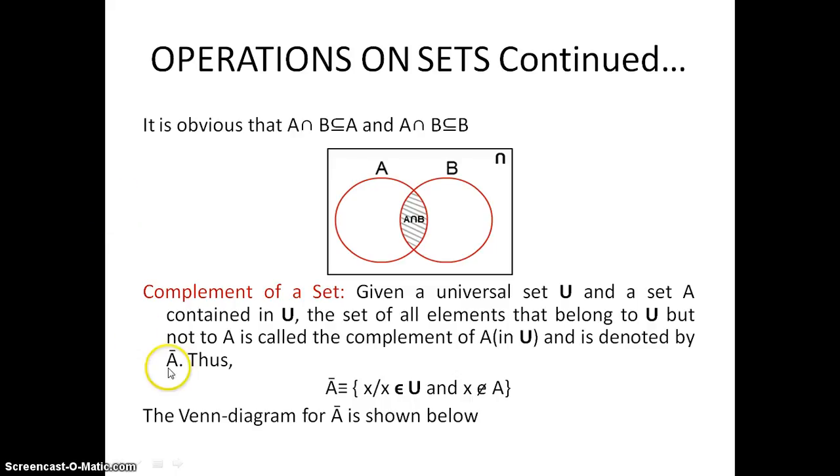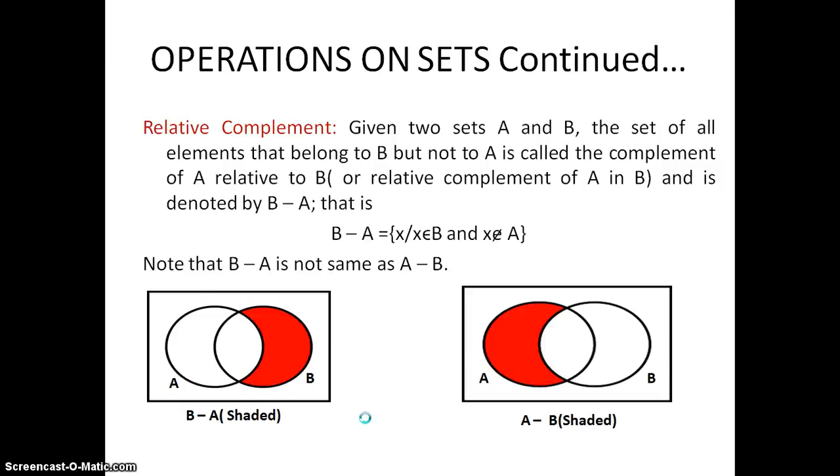Thus, A bar is equal to {x such that x belongs to the universal set and x does not belong to set A}. The Venn diagram for A's complement is as shown below.